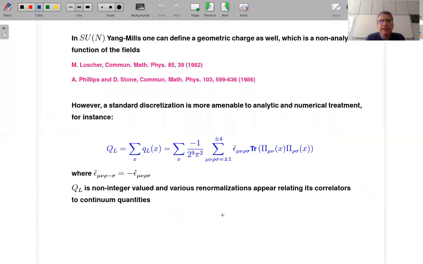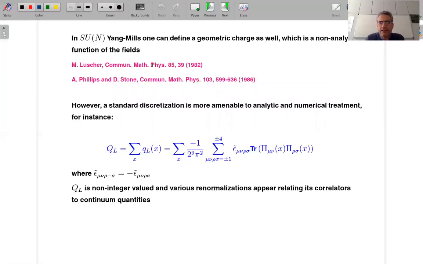Now you can play the same game also in SU(N) Yang-Mills theory. Of course, it's more difficult to write them down, so they are more sophisticated. But in any case, they are well defined, and you can find references here.